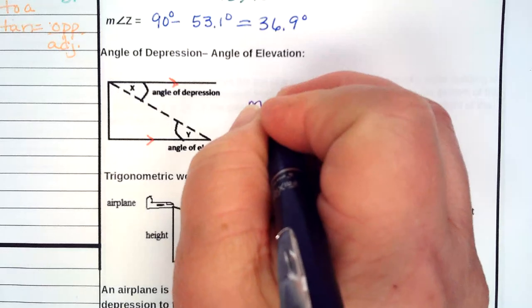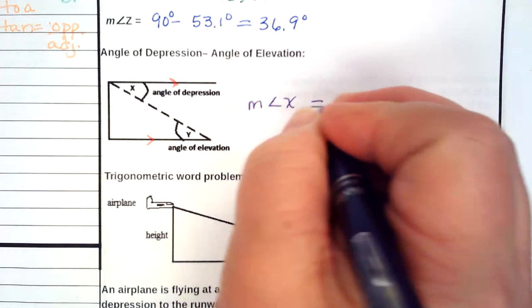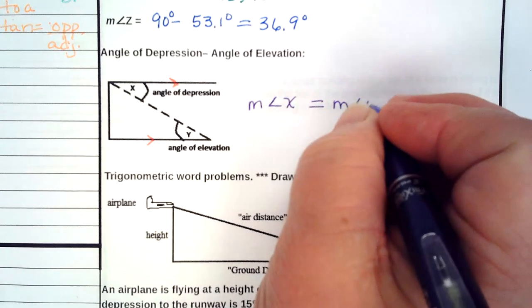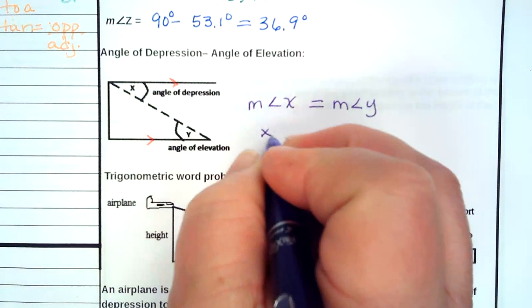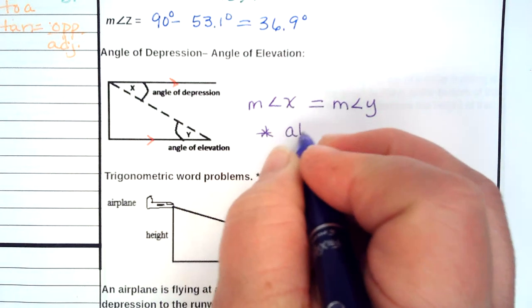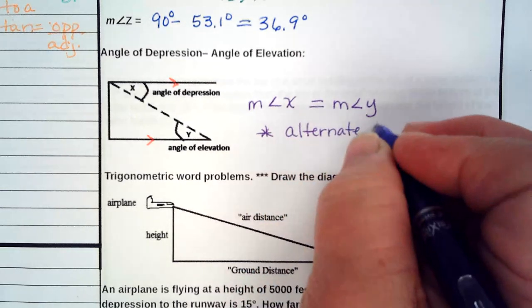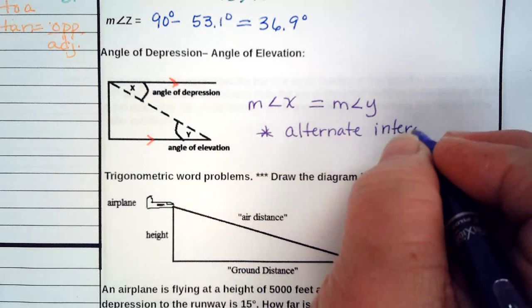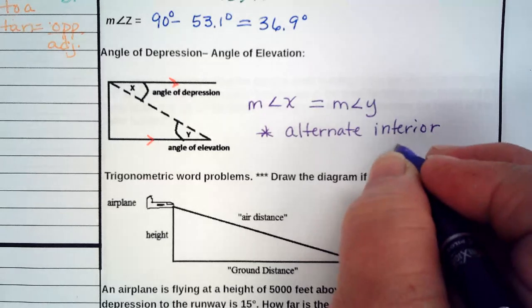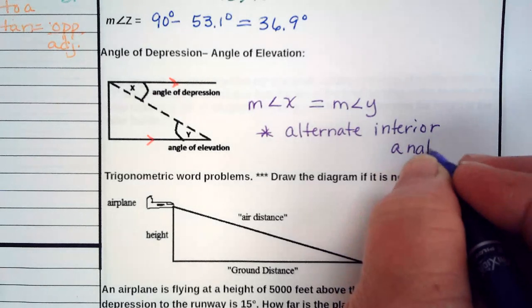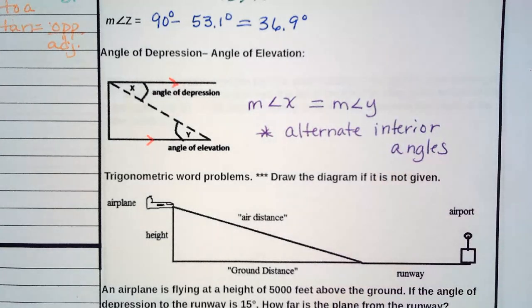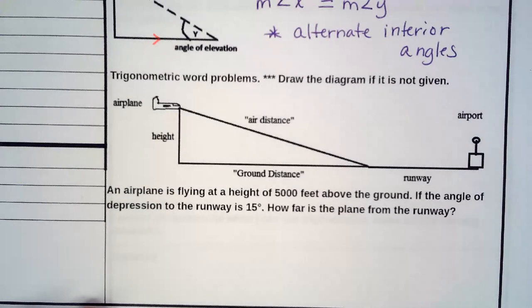The measure of angle X will be equal to the measure of angle Y because they are alternate interior angles. So let's get started.